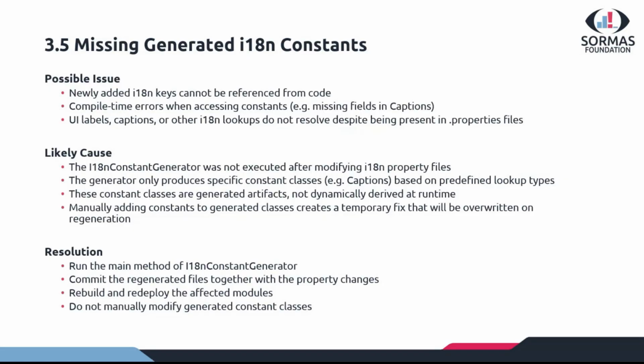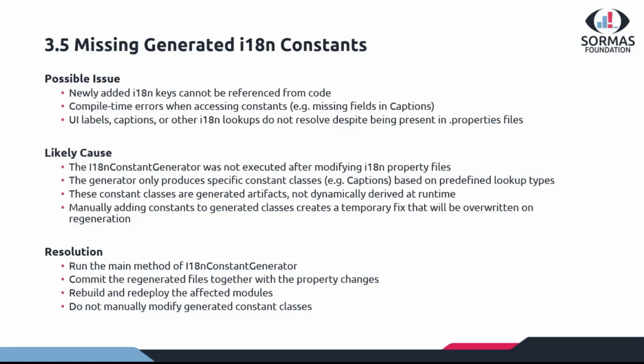I18nConstantGenerator. So it produces the constant classes based on predefined lookup types. So these classes, they are not dynamically derived at runtime. And if you update them manually, you'll still run into issues. So how do you solve this?